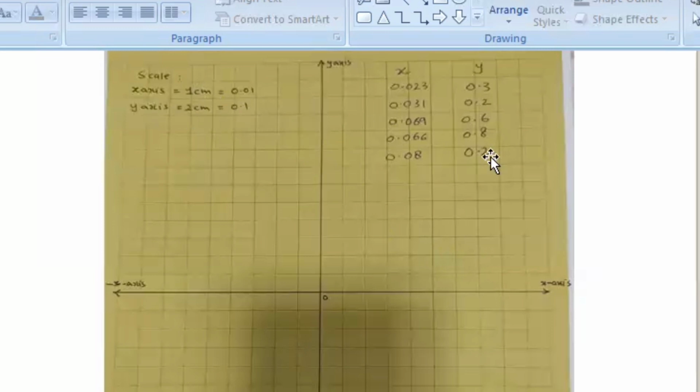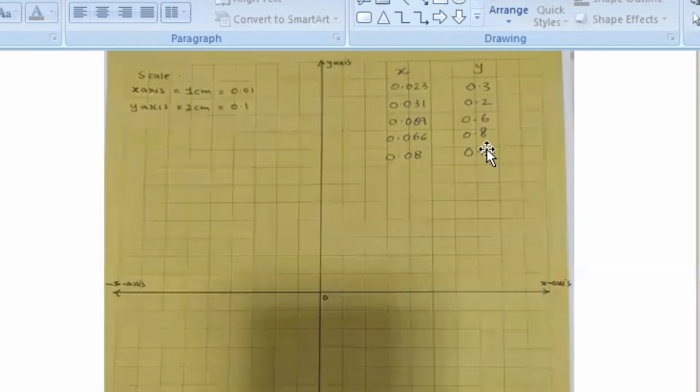In the same way, along the y-axis, first we need to check the smaller integer and the larger integer. Here they mentioned that every 2 centimeters we need to take 0.1: 0.1, 0.2, 0.3, 0.4, 0.5, and 0.6, but our value goes up to 0.8.